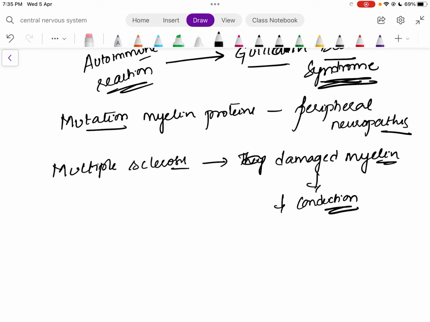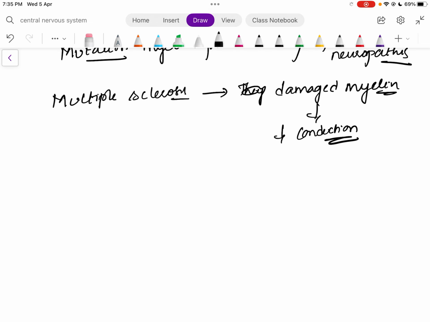So these are the macroglial cells which will participate in the function of the CNS: oligodendrocytes, Schwann cells, and astrocytes.